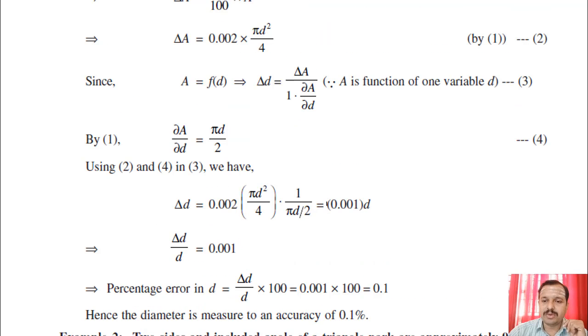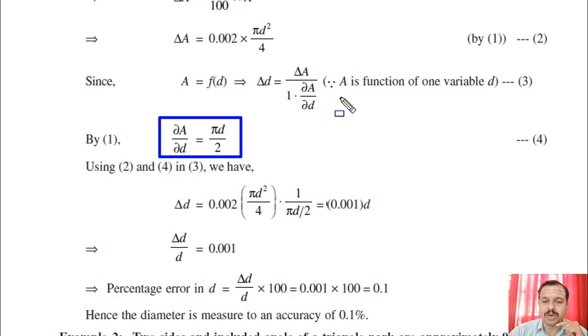Okay, now if you look at this value, when we substitute it in the formula above, what happens? Delta d is equal to, what is delta A? Delta A is available here, 0.02 into pi d square by 4.